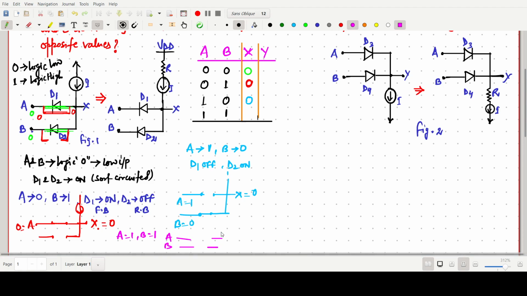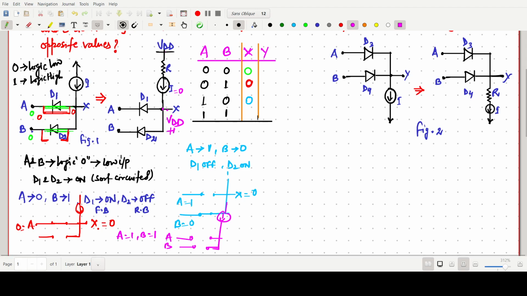There will be almost zero current, because this is open and there is no path for the current. So the potential at this point will be VDD, which should be a high value, or logic high value.